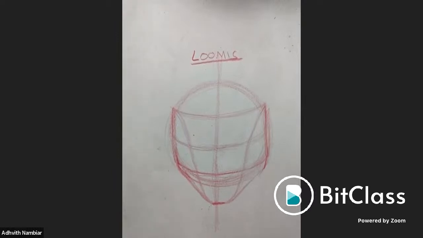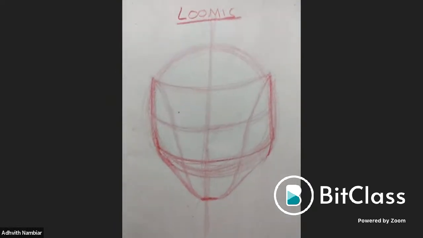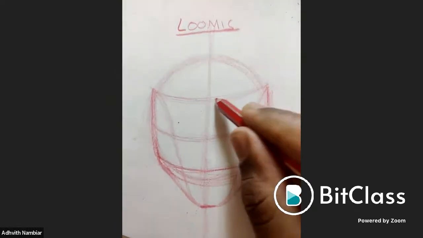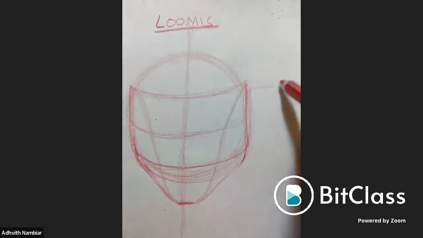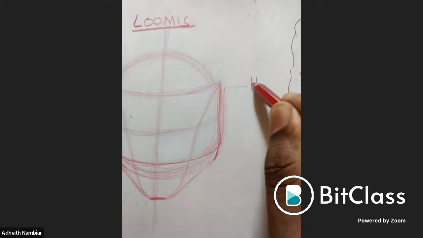It's called that because some guy named Loomis invented this method. That's why it's named after him. But the reason why it has so many lines, so many different parts of the face, is because with this method you really can't make mistakes. It's really easy to draw a face, and you really won't make any proportional mistakes. Now, this line here is the hairline.